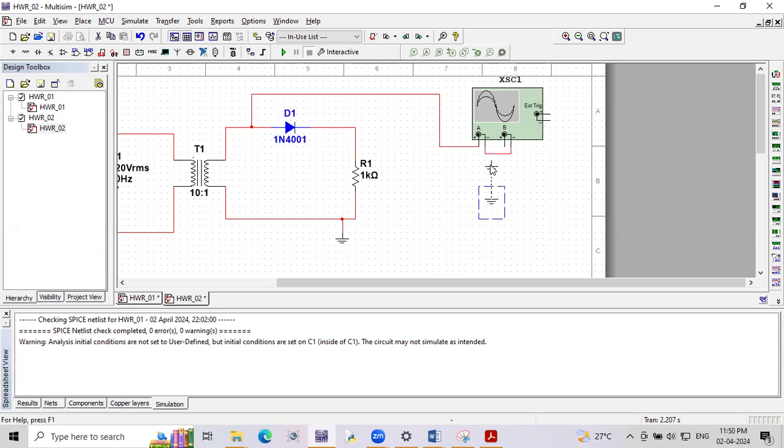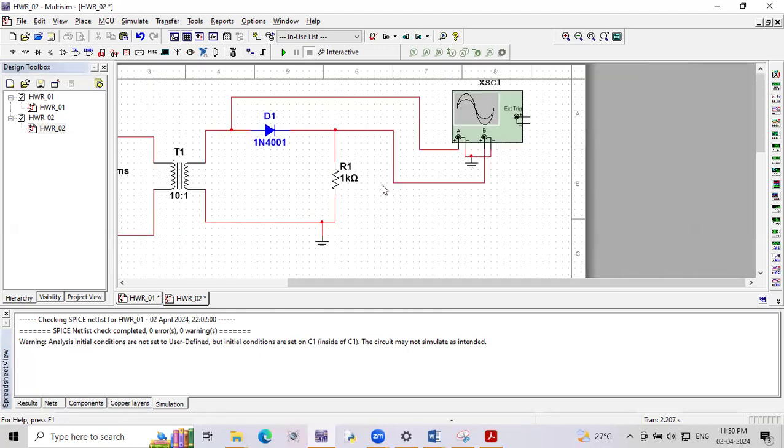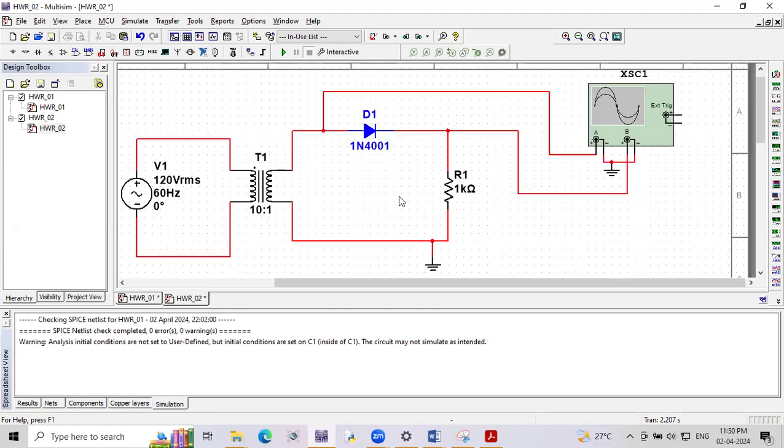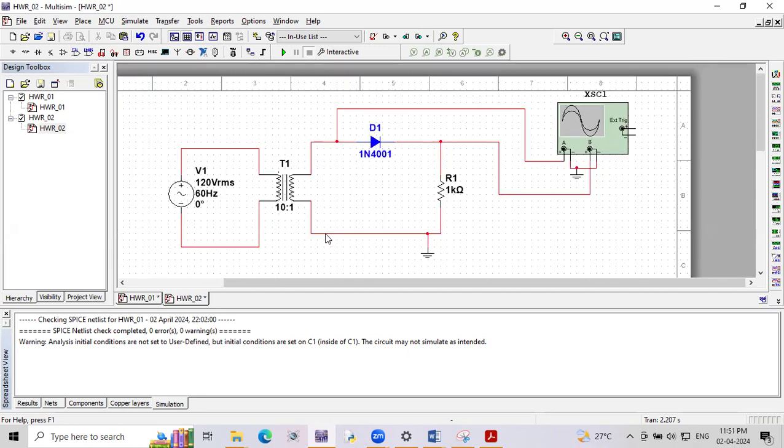Anyhow, this will go to short. Don't worry about these shorts and all, that will not affect your circuit. So directly make the circuit, rig up the circuit. Okay, the circuit is ready.